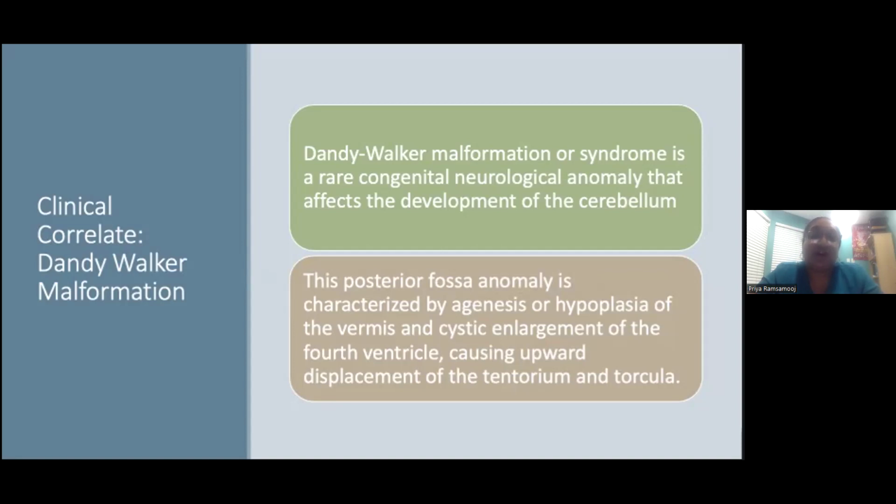So it's thought that this complex malformation tends to be initiated by two pathophysiological mechanisms, meaning your arrest of your vermian development and your failure of your fourth ventricle foramina to fenestrate, leading to enlargement and causing compression of your vermis.